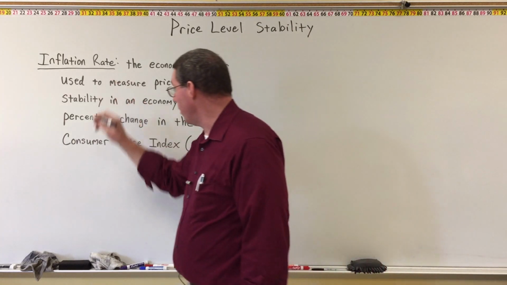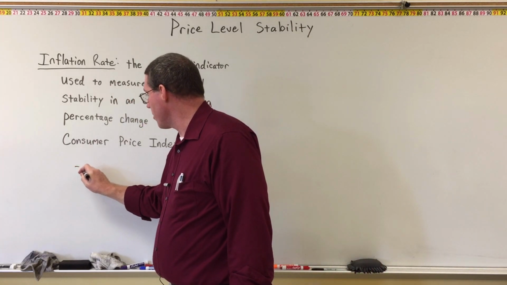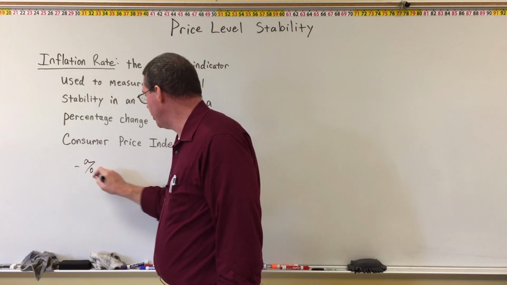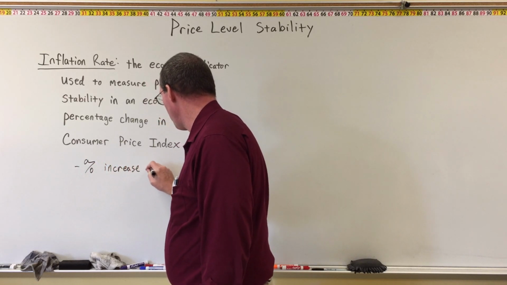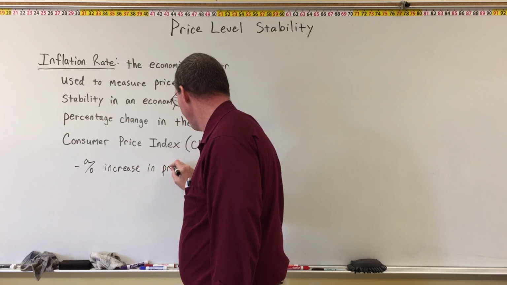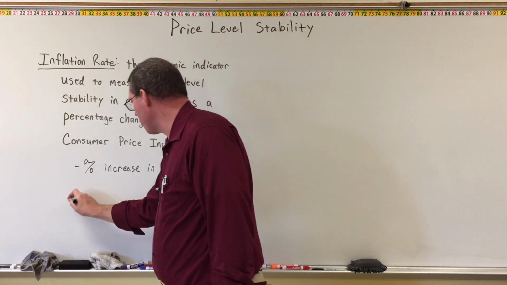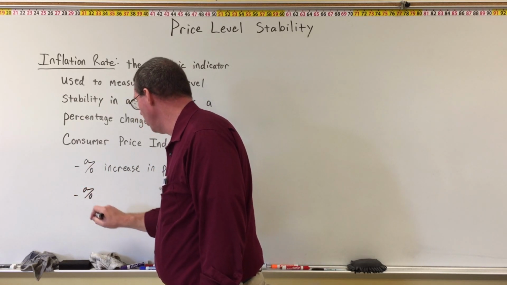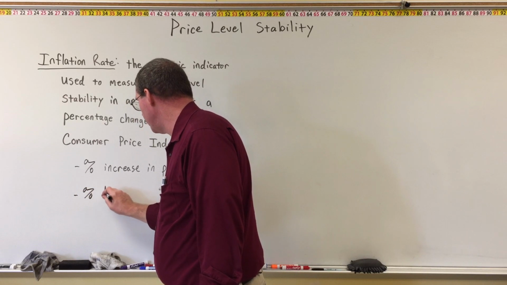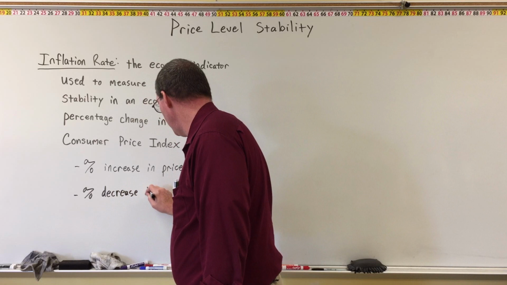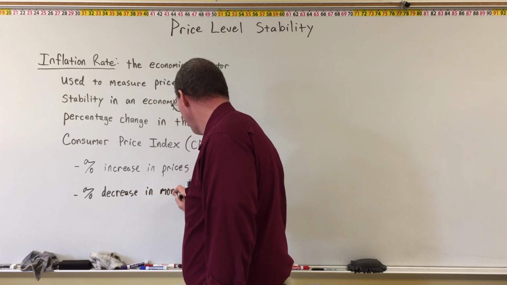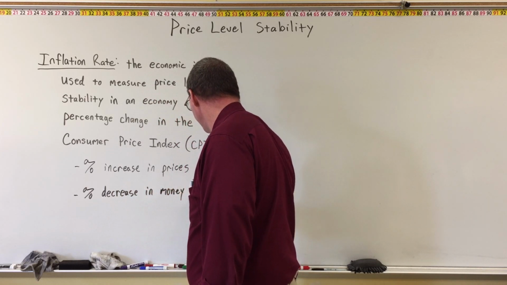So we're going to say that the inflation rate represents a percentage increase in prices, and it also represents, depending on how you look at it, the percentage decrease in money value.